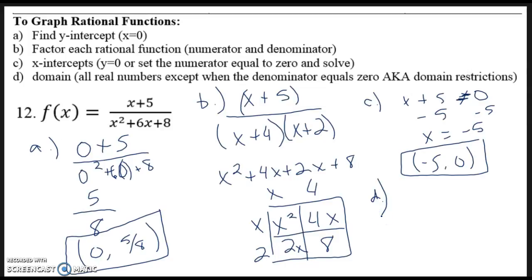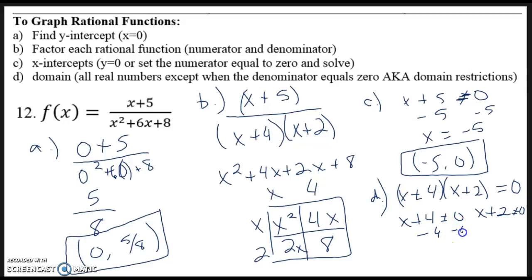So using this factored form right here, I've got x plus 4, x plus 2. And those should be set equal to 0 because we're looking for what the x values can't be. So x plus 4 can't be 0. And x plus 2 can't be 0.